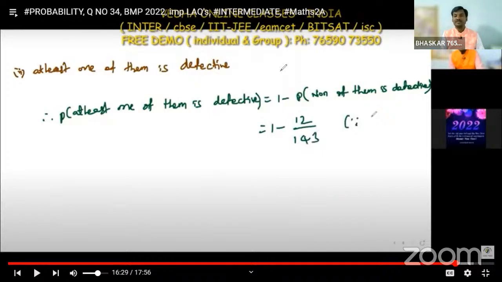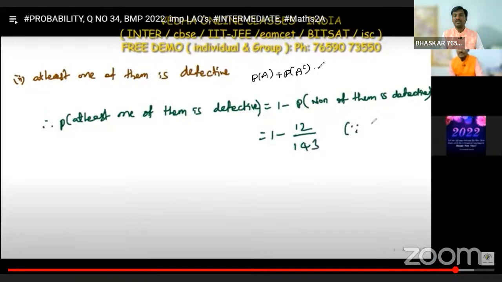Probability of A plus probability of A complement is equal to 1. The total probability is always equal to 1. So the probability that at least one of them is defective is equal to 1 minus the probability that none of them is defective.